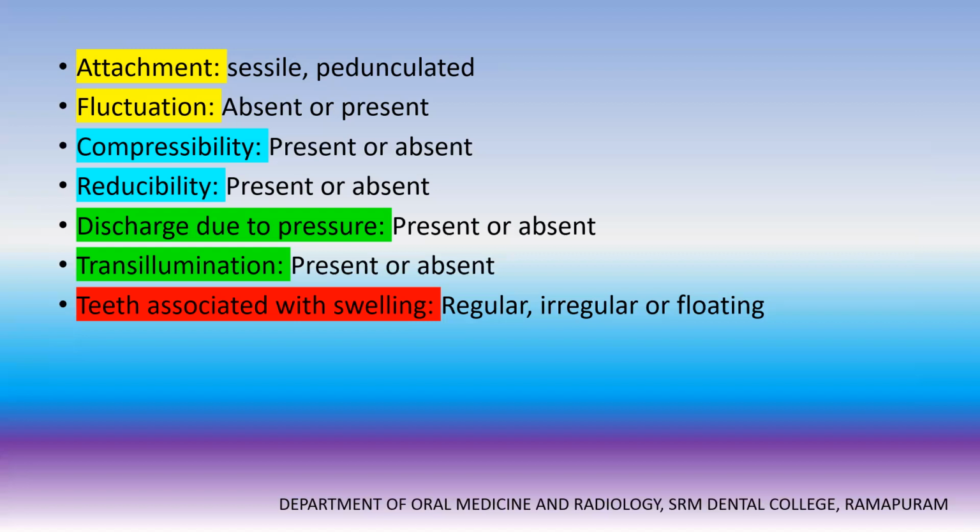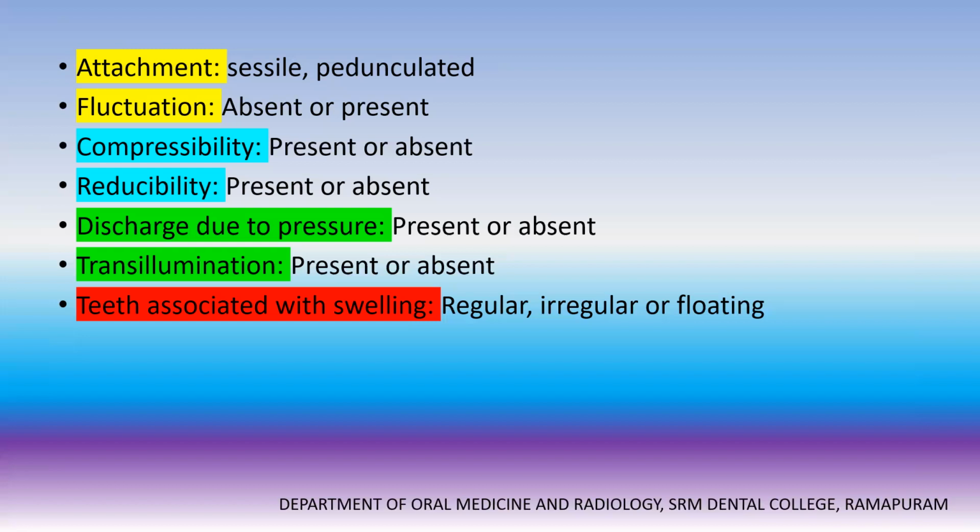If there is cystic content and watery content inside the swelling, it is most probable that transillumination will be present. If it is having some bony filling inside or it contains any dense kind of material inside, the transillumination will be negative, as the light cannot travel through any dense material.